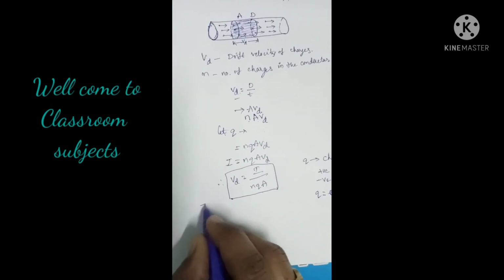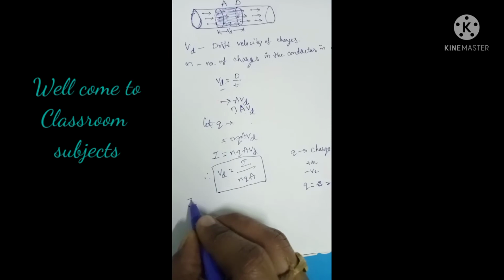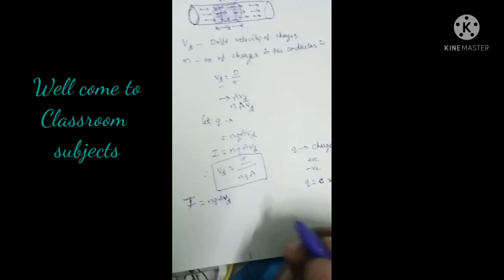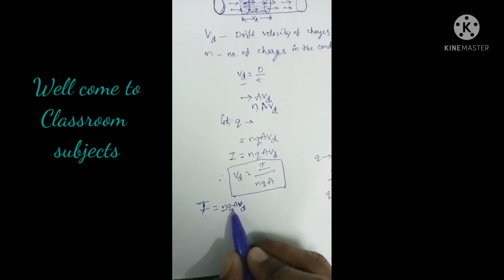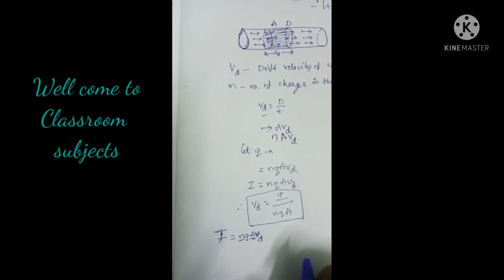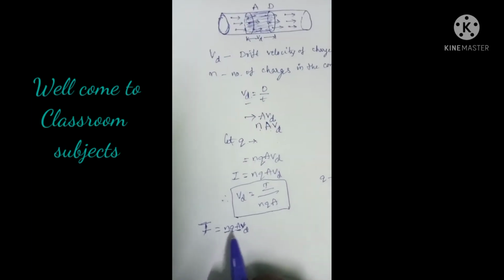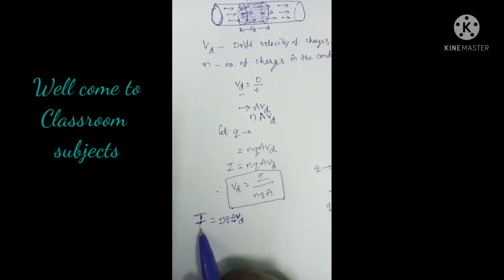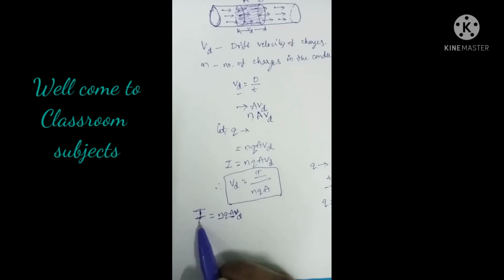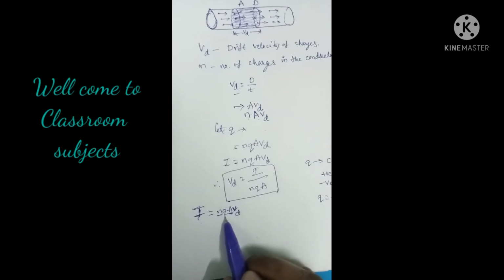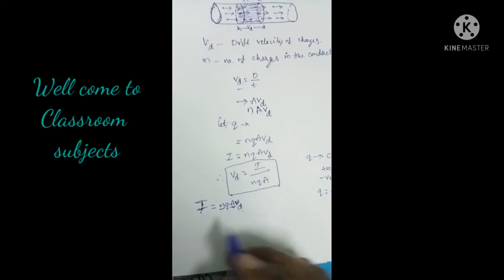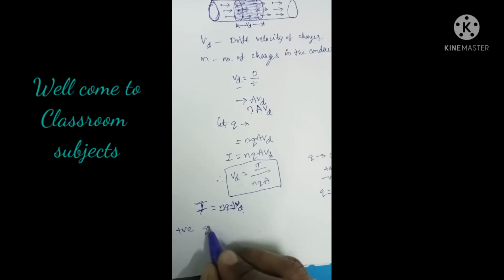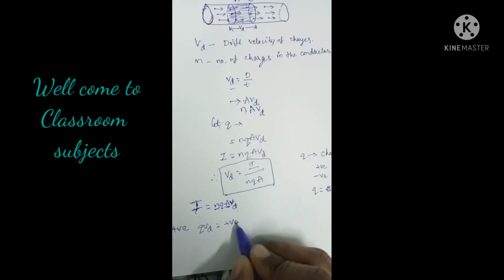If you observe the current equation here, I is equal to n into Q into A into Vd. Here n and A are constants. So the direction of flow of current is determined by the sign of Q and Vd. For positive charges, the product of Q and Vd is positive.